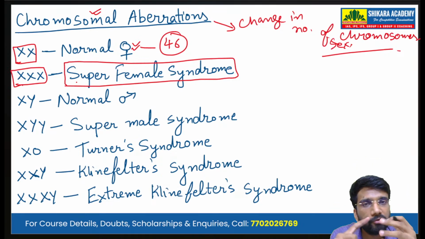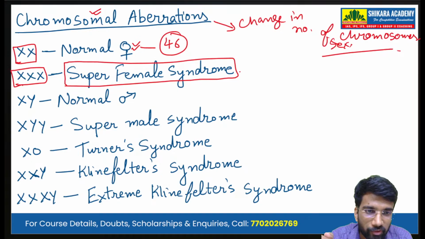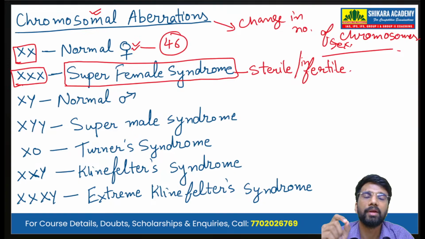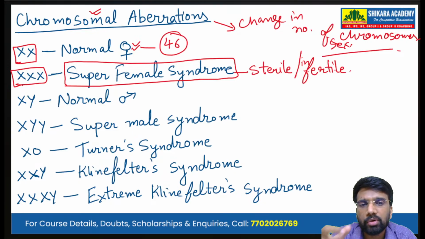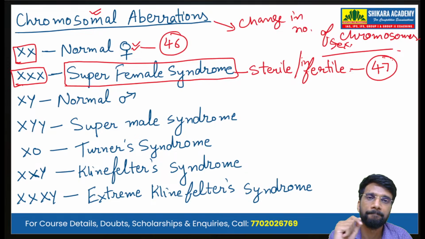This female is sterile, or infertile. Can you guess the total number of chromosomes? It will be 47.